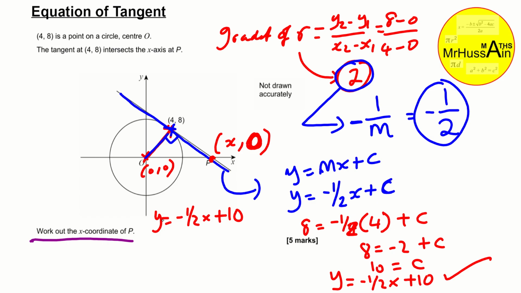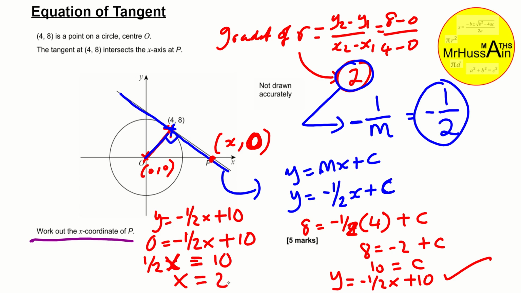We know the y coordinate is 0. Let's bring the minus a half to this side, so it's positive a half x equals 10. Half of what is 10? X must be 20. Half of 20 is 10. So you've now worked out when y is 0, the x coordinate is 20.